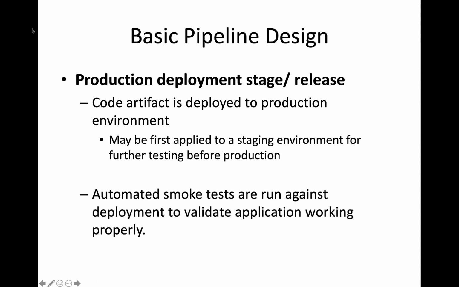After deploying into our staging environment, if everything looks okay, then we can think about deploying our software into the production environment. And again, we're using the exact same deployment process that we followed in all of the previous stages. So we have a very high level of assurance that our deployment process is going to be working properly by the time we deploy into the production environment.